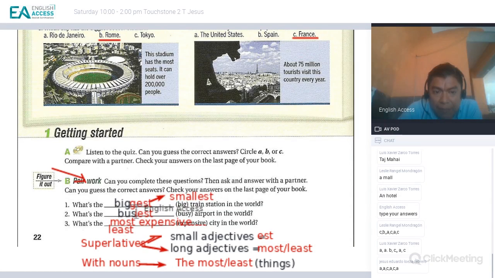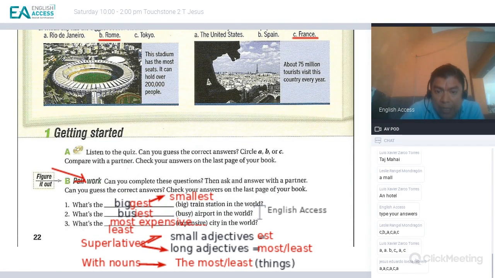What is the opposite of busiest? Now, this adjective busy doesn't have a counterpart. It doesn't have a single word to be the opposite. So we have a group of words.